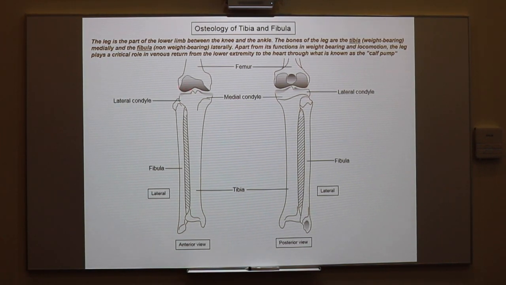In between the two condyles, you can see this eminence, which is called the intercondylar eminence. These are the articular facets, which articulate the condyles of the tibia with the condyles of the femur. And then you can see this area, which is the medial surface of the tibia.